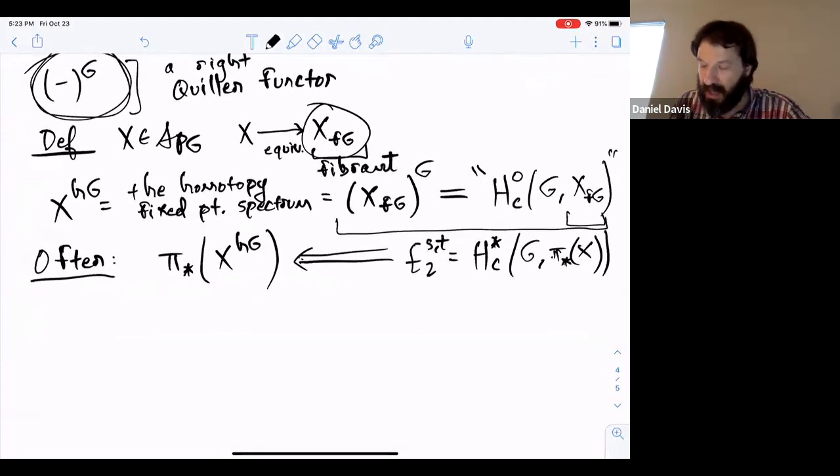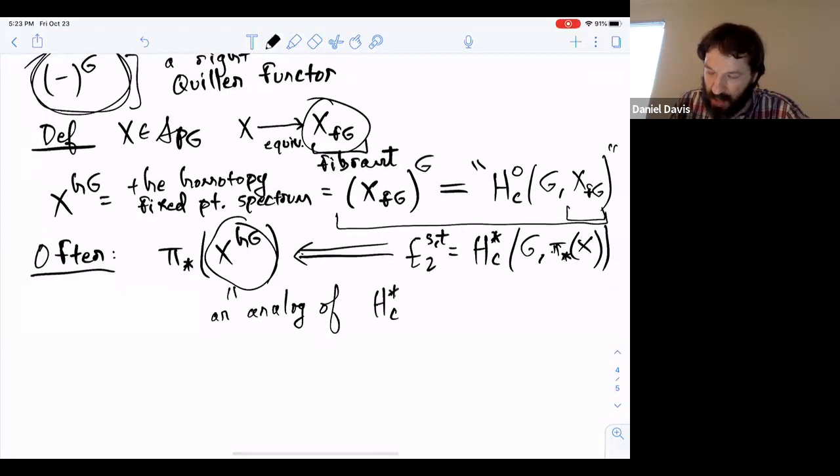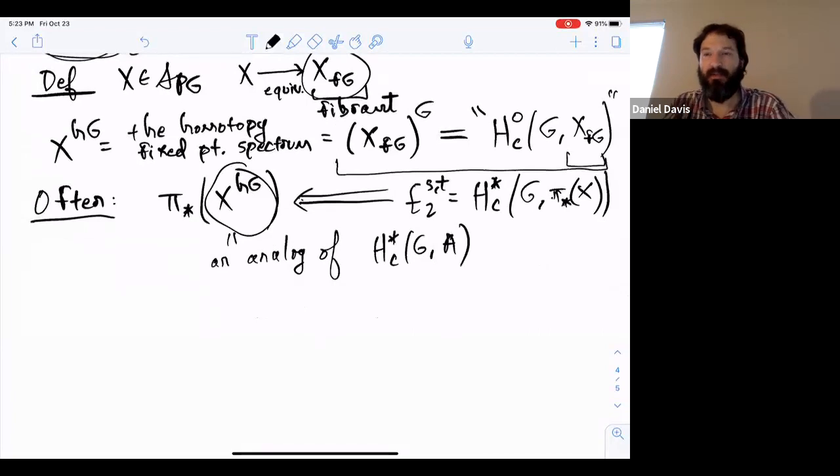So for these reasons and more that are related to this, we think of this as an analog of the continuous cohomology of G with coefficients in A.